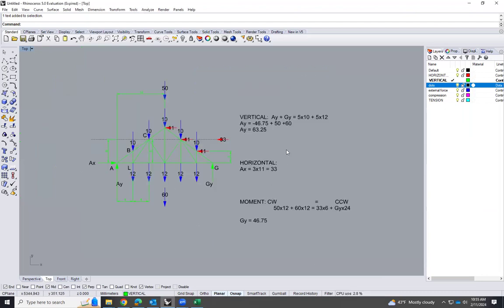Here you go. So with these equations, we have reactions.